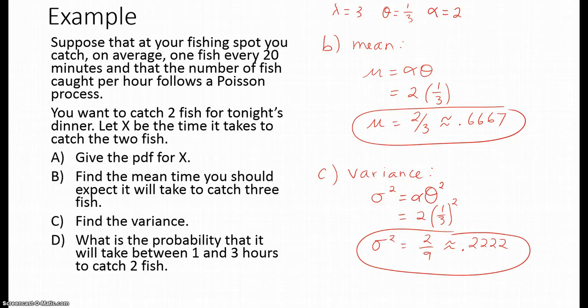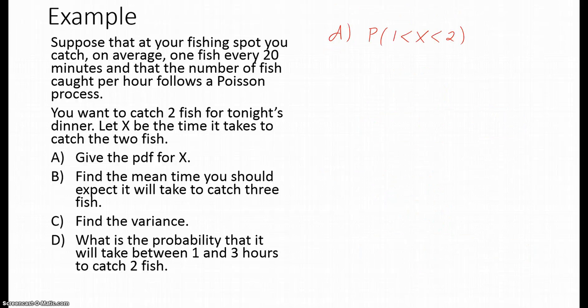And this brings us to part D, where we're going to find the probability that it will take between 1 and 3 hours to catch 2 fish. We have our probability density function, f of x equals 9x e to the minus 3x, and we are going to integrate from 1 to 3 that probability density function to find our answer.